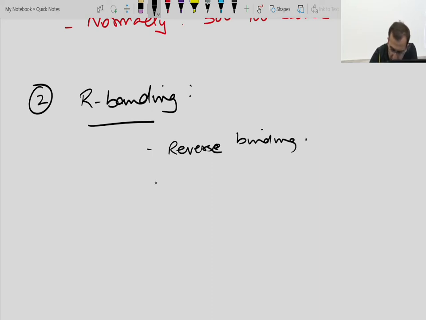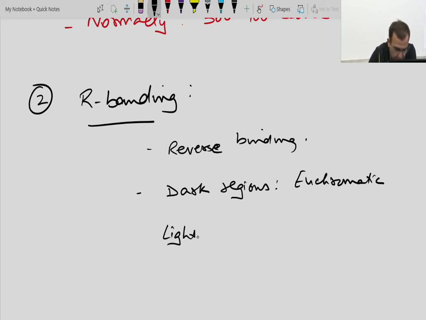Here the dark regions are euchromatic. This is the opposite of Giemsa, reverse of Giemsa. Whereas the light regions are heterochromatic.